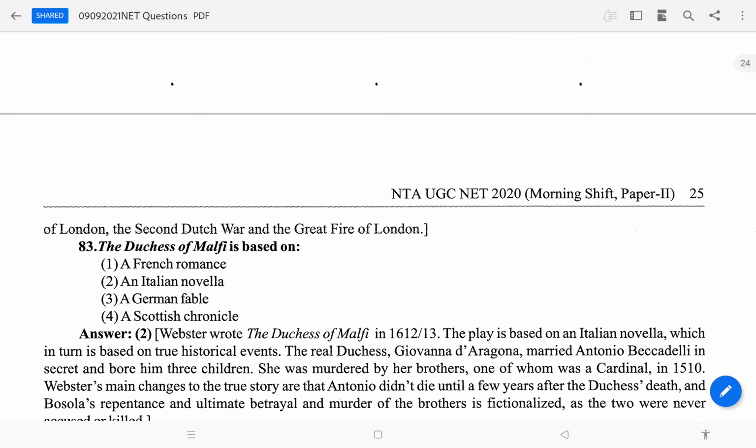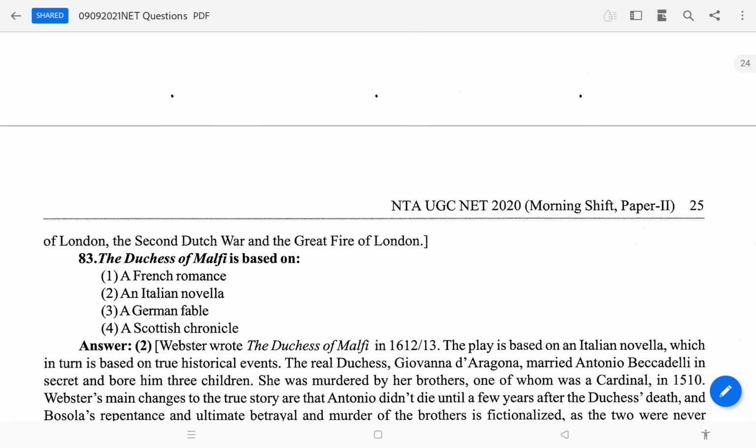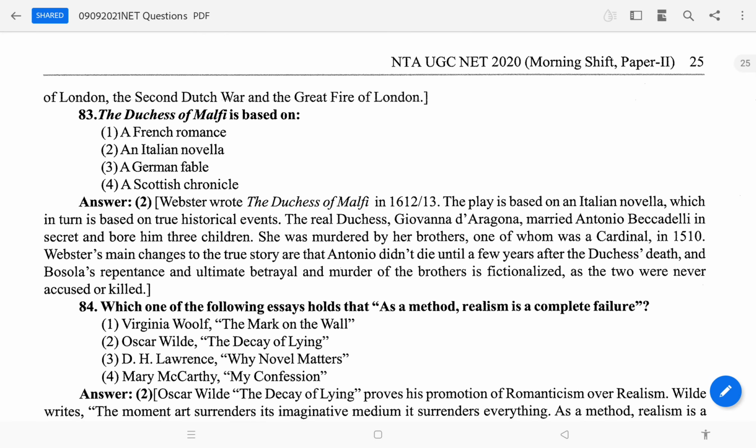You know that Dryden also noted down these three events, and in praise of Charles II he said that when Charles II came and gained his reign, the year was a miracle, and he wrote it in praise of Charles II. And he also mentioned these three events: the plague, the Dutch War, and the Great Fire of London.